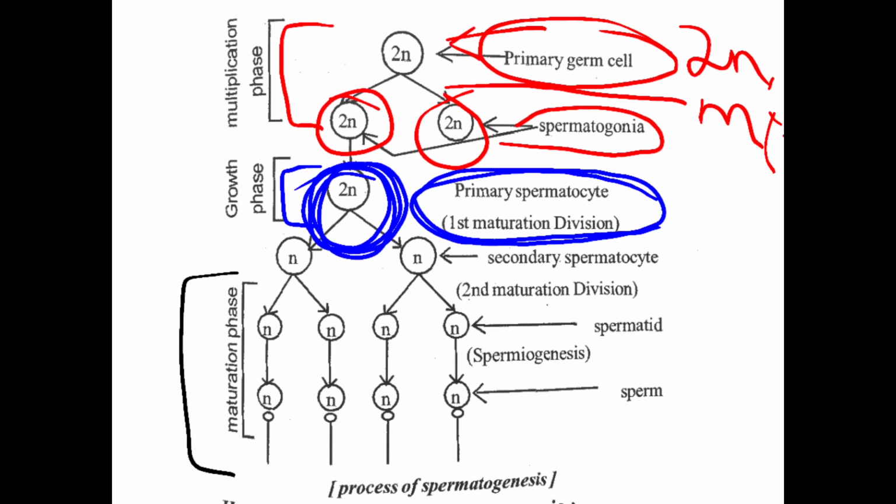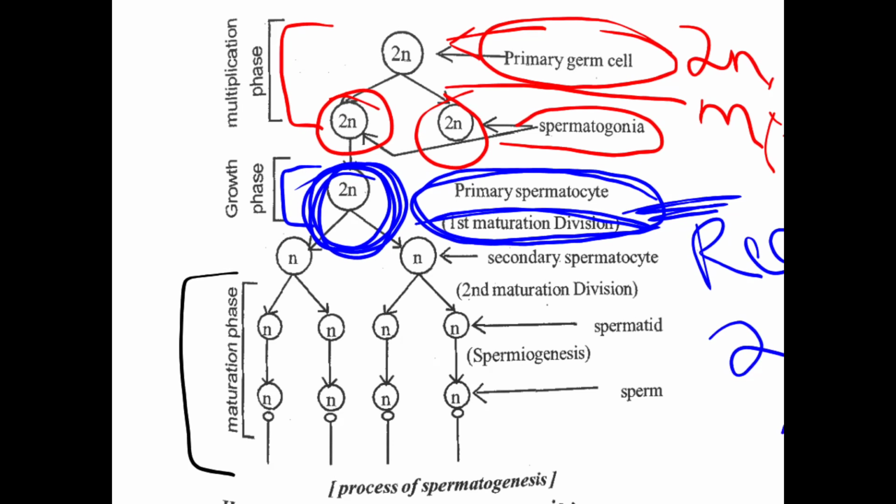The size of the spermatogonium increases in the growth phase and becomes the primary spermatocyte, which undergoes the first maturation division. The first maturation division is reduction division. In it, the diploid number of chromosomes is reduced into haploid.